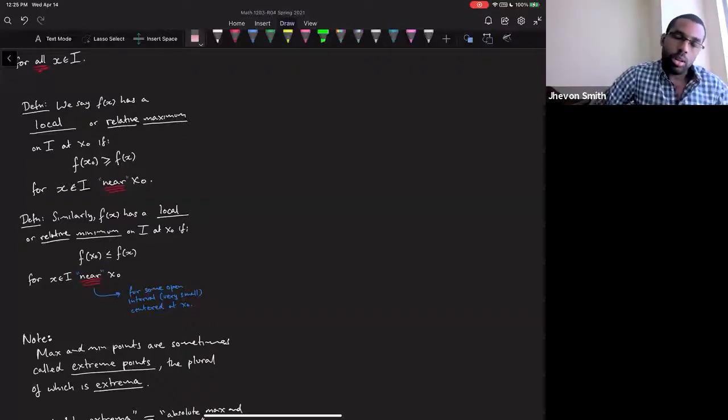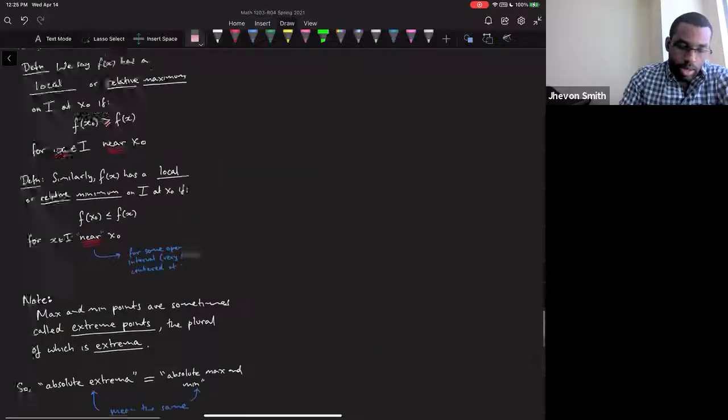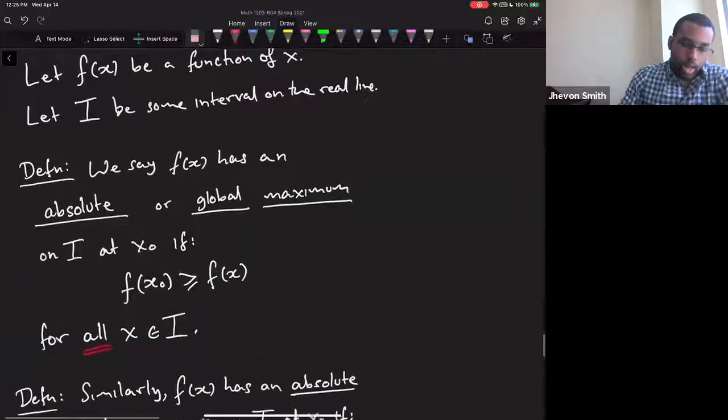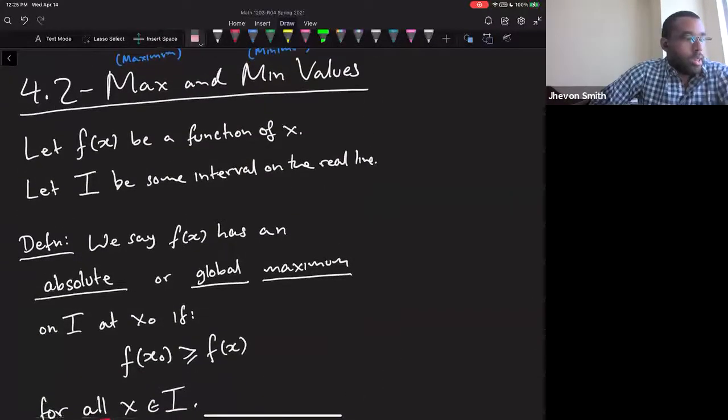And we use local min to say you're smaller than everyone in your little neighborhood. Not on a global scale, but if I just zoom into you, you're the biggest or the smallest guy there. And that's the difference between local and absolute. We'll do a little bit more intuition on these definitions next time and learn how to find these points. It's actually a very important thing that we're able to find them.